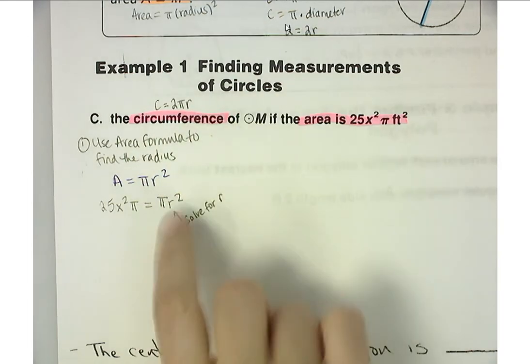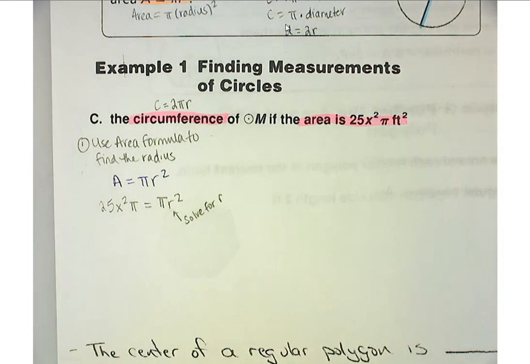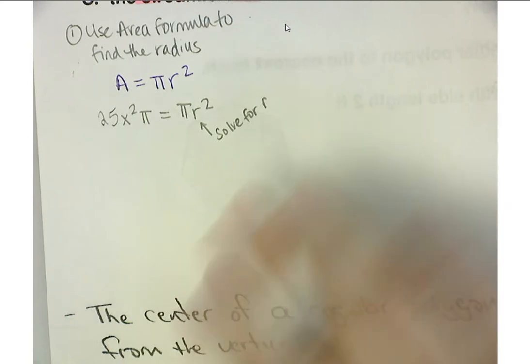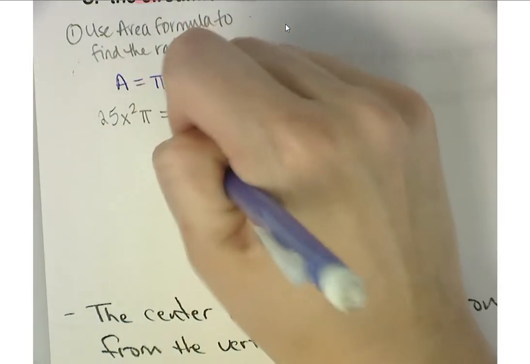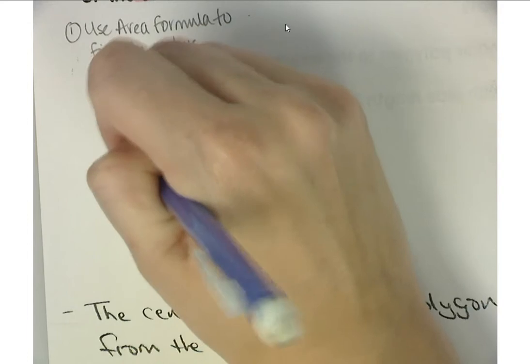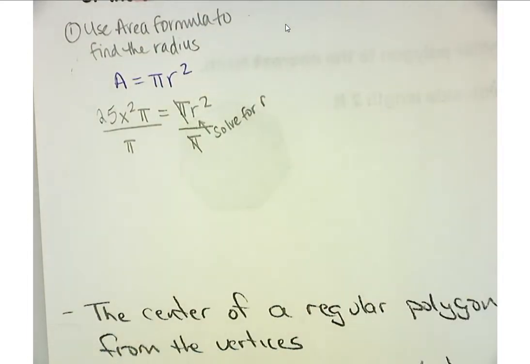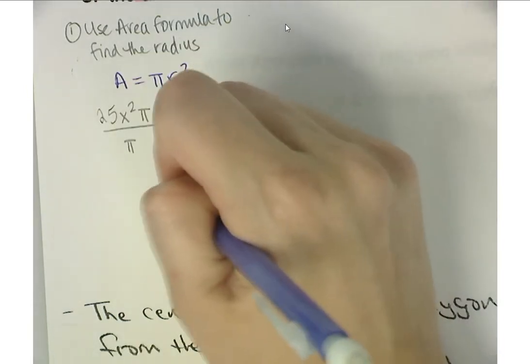All right, so Ethan, if I'm trying to get r by itself, what's one thing I should move over to the other side? Yep, so I'm going to divide both sides by pi. So pi divided by pi is just going to make what number? 1, right? So then I just have 1r squared, which is r squared.